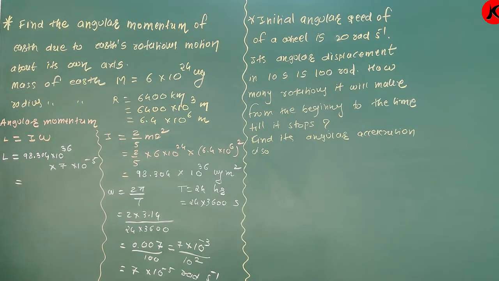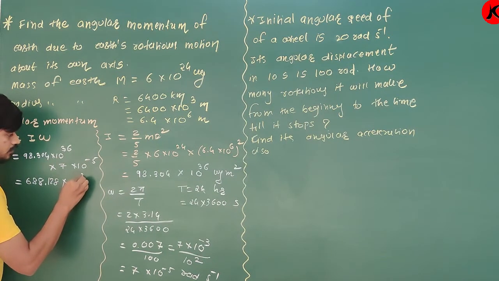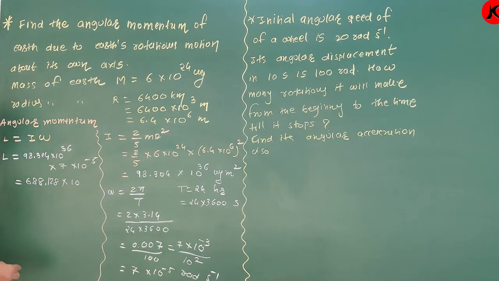So 98.304 into 7 is equal to 688.128. What is the power? 36 minus 5, so it is 10 raised to 31.